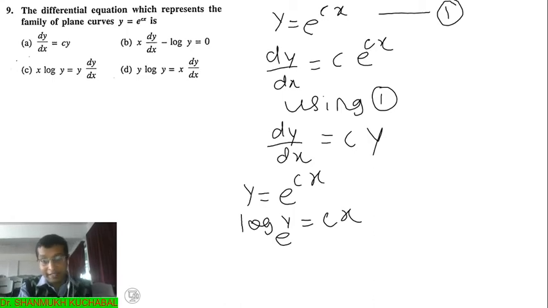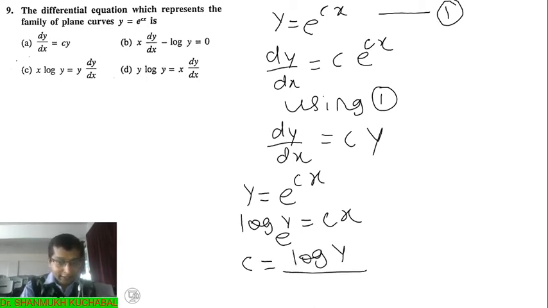Like this we can transport an exponential function to a logarithmic function. Then write the solution for c. So we get c equal to log y, we can leave the e. If you don't write e, it is understood that it is to the base e. So log y divided by x.